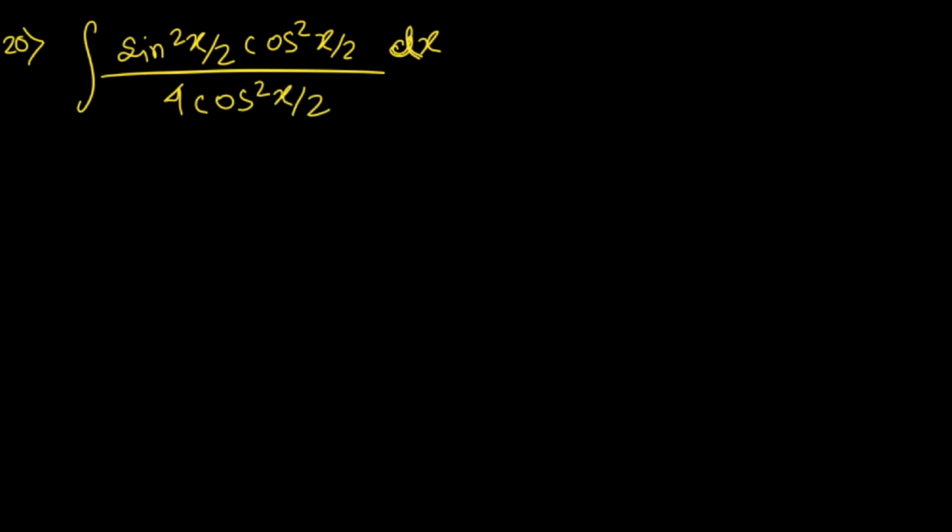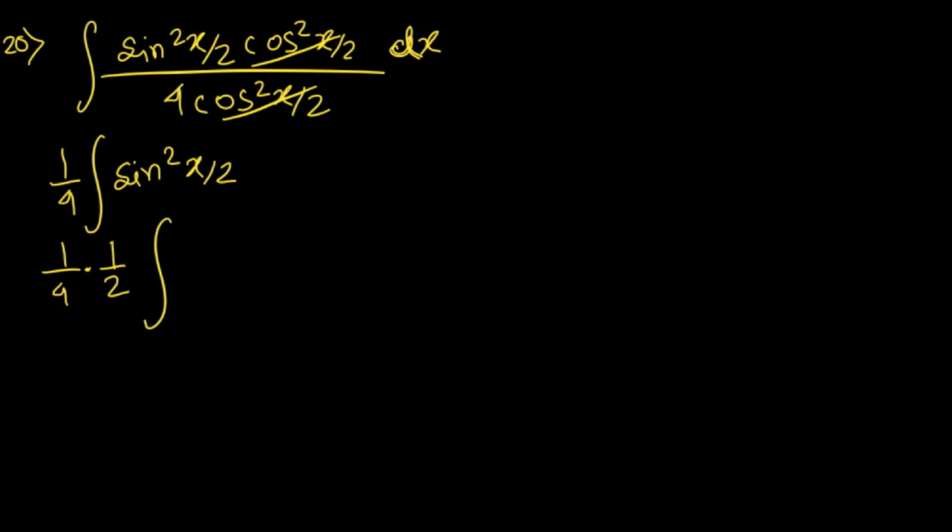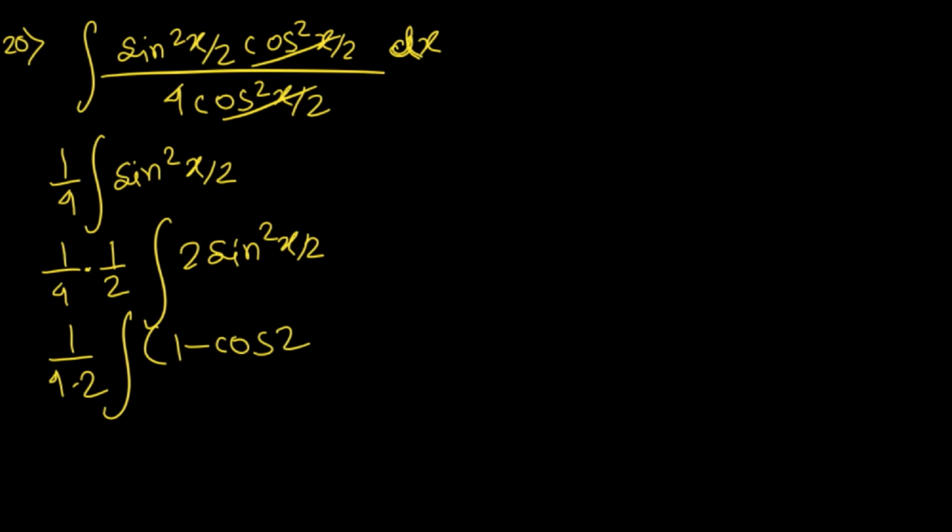So cos square x by 2, this one gets cancelled, and so we are left with 1 by 4 of integration sin square x by 2. So 1 by 4 adjusting integration of 2 sin square x by 2, so 1 by 4 dot 2 integration of 1 minus cos x dx.